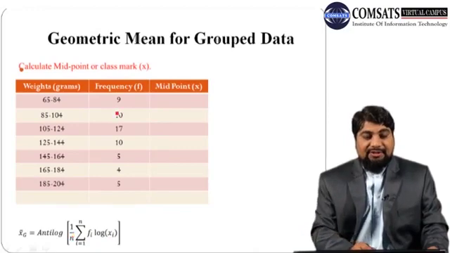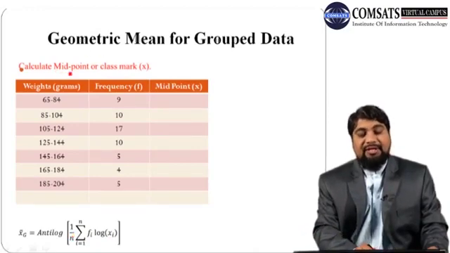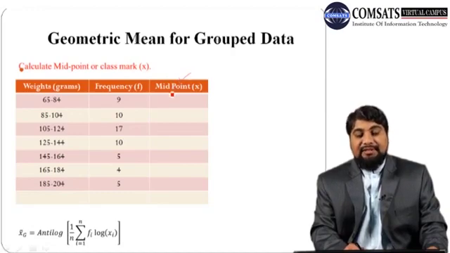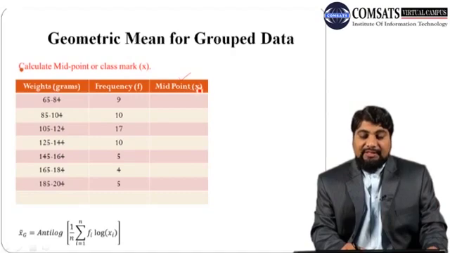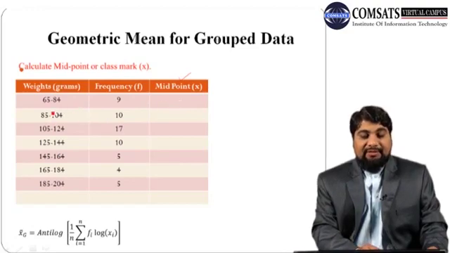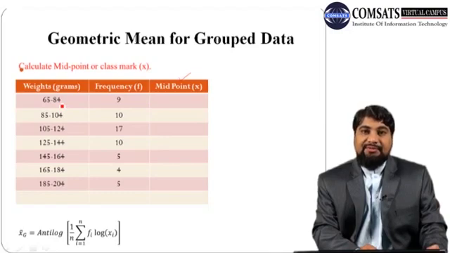Here the first step is to calculate the midpoint or class marks. So construct a new column, the third one, and label this column as midpoint or x. Now calculate the midpoint. Remember that the midpoints are calculated by adding the lower limit and the upper limit, and then dividing the sum by 2.